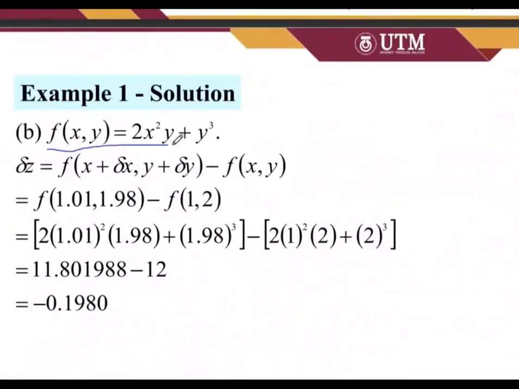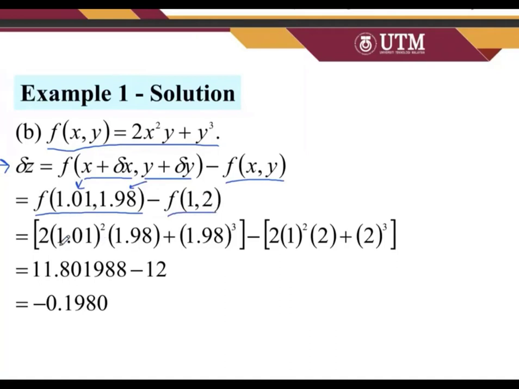The original function is f(x, y) equals 2x squared y plus y cubed. To find the actual increment, you take x plus delta x and y plus delta y, which is the second function, and then you minus the old one. So you get f(1.01, 1.98), where x is increased and y is reduced, minus the original f(1, 2).